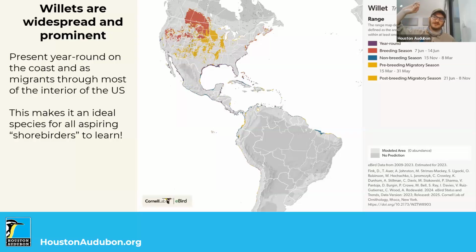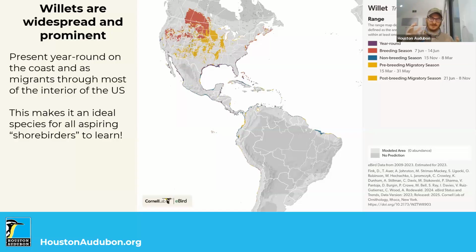Really up north of there, into even maritime Canada, they're present in the summer. I will point out this is an example of a species that has started becoming more prevalent in New England, for example, on the coast in the winter. However, that's not necessarily a new development.